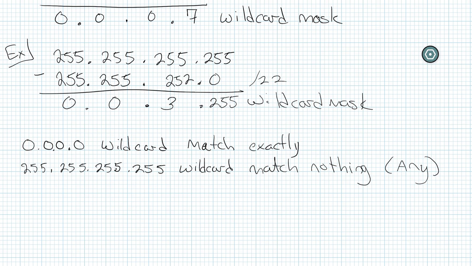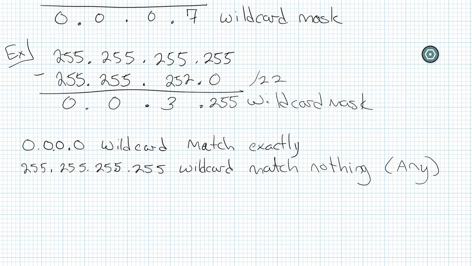You can also use none in the place of an all zero wildcard mask, but you might have some issues with that. So I wouldn't do it in the context of this course unless you're specifically told to. So there are some activities in 7.1.2.6 and 7.1.2.7 that you might find quite helpful.